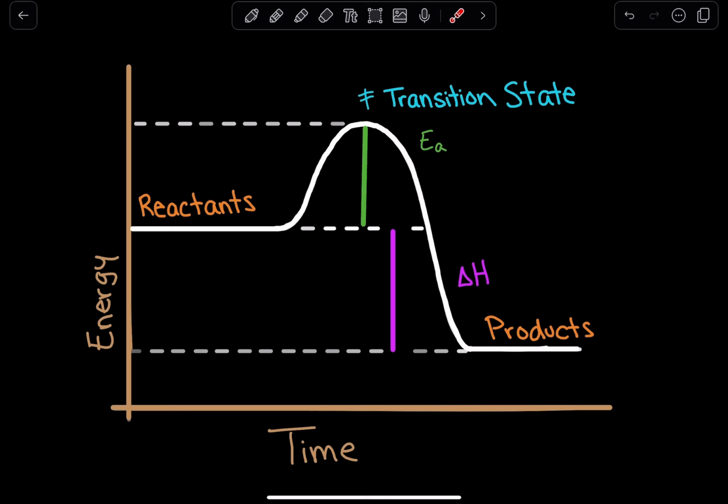But if two molecules collide and they do have enough energy to surpass the activation energy, then they will go on to become products. Therefore, when you have collisions occur, they must have enough energy to form new bonds because you have to surpass your activation energy.